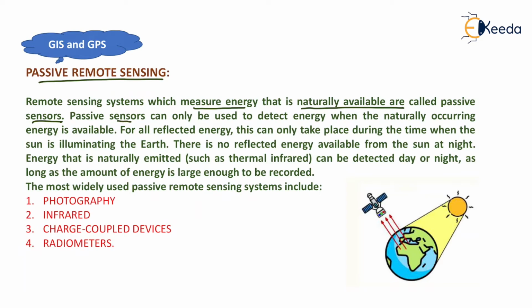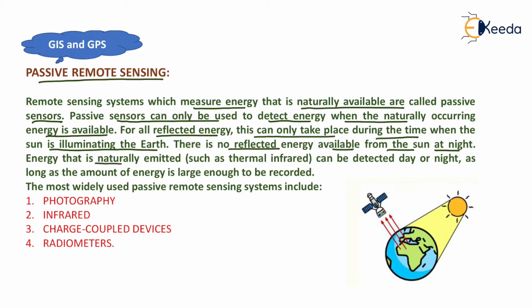Now, passive sensors can only be used to detect energy when the naturally occurring energy is available. For all reflected energy, this can only take place during the time when the sun is illuminating the earth. There is no reflected energy available from the sun at night.